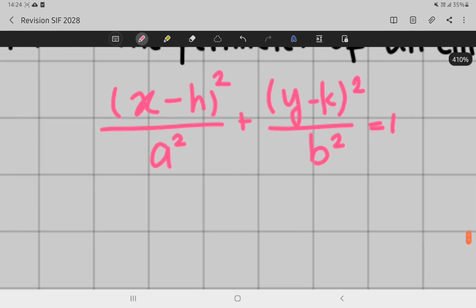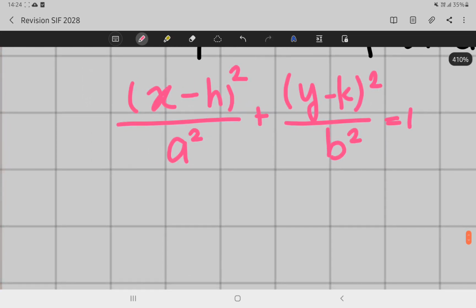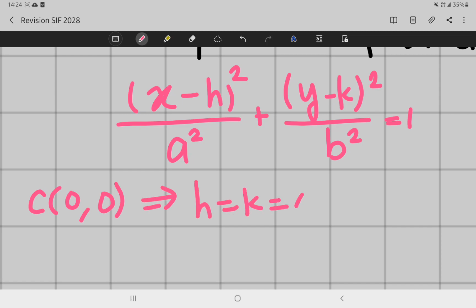For the elliptical integral, we are going to consider the ellipse centered at the origin, (0, 0), which makes h equal to k equal to 0.